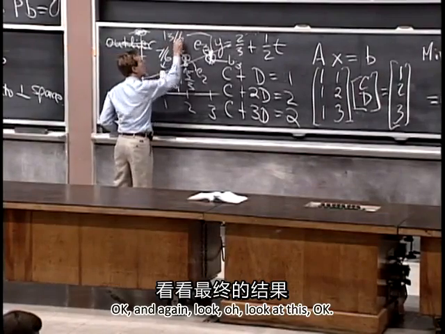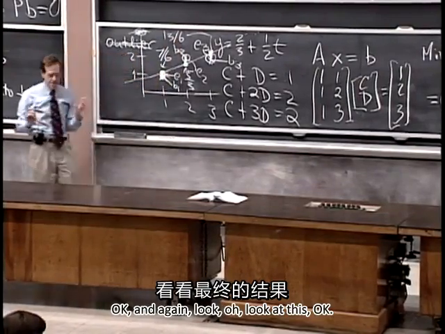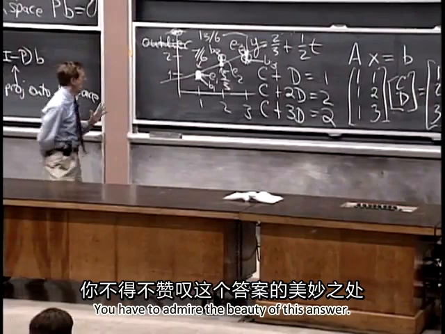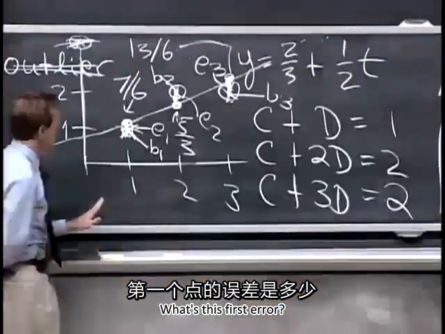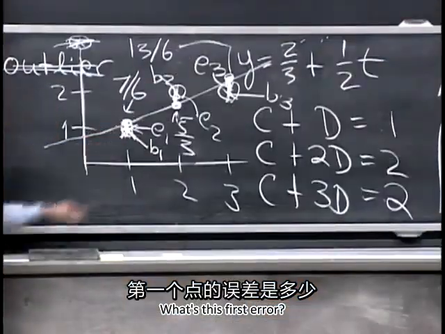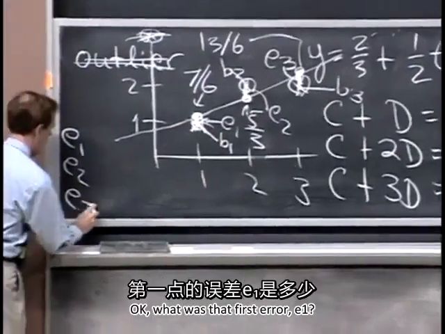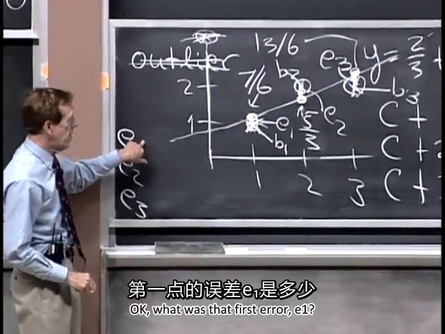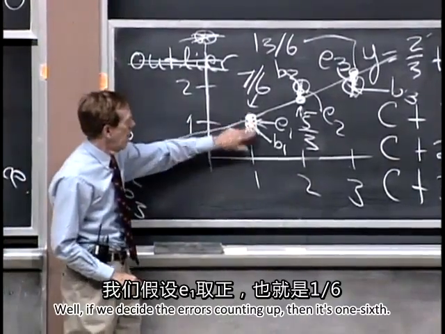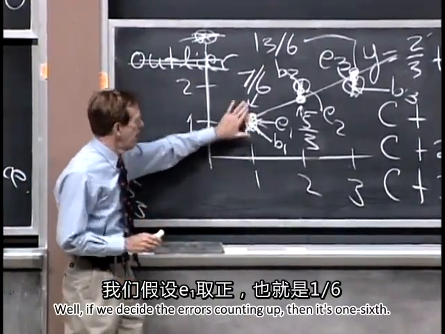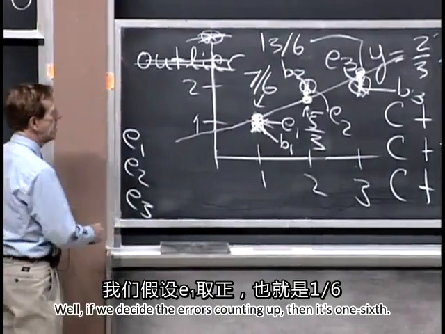Okay. And again, look. You have to admire the beauty of this answer. So here are the errors, E1, E2, and E3. What was that first error, E1? Well, if we decide the error is counting up, then it's 1/6.